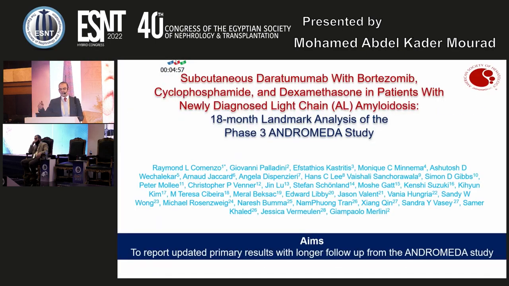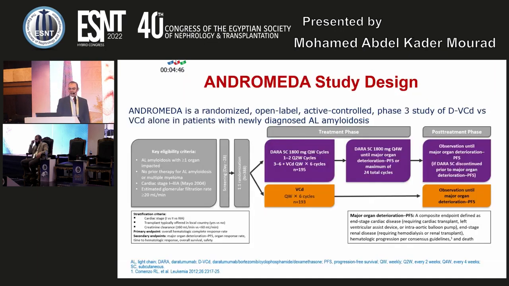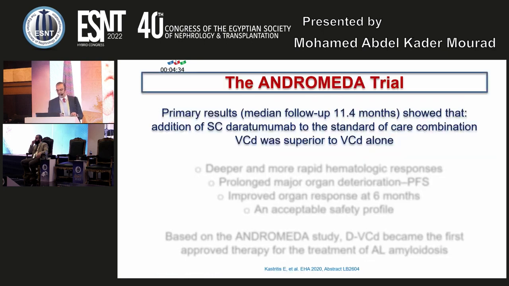There is an update regarding subcutaneous daratumumab in combination with VCD in patients with AL amyloidosis, the landmark ANDROMEDA trial. ANDROMEDA is a phase 3 open-label trial with 2 arms: one arm Velcade-based therapy, and the other arm the addition of daratumumab to VCD, and the primary endpoint is hematological response.